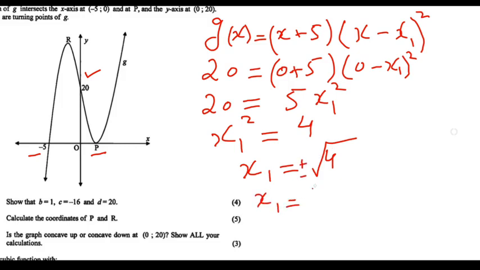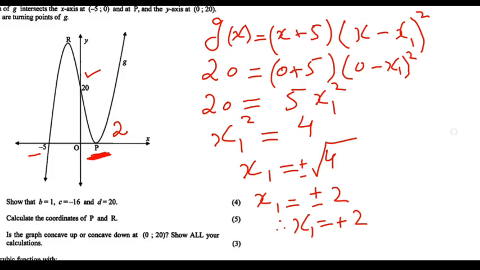Therefore x1 is positive or -2, but we are going to use the positive 2. Therefore x1 is positive 2. Why? Because P lies on the positive x-axis. So this here is positive 2. This is my turning point and x-intercept as well.